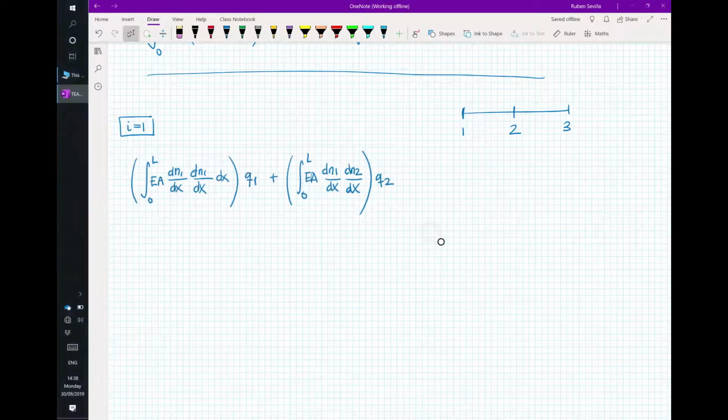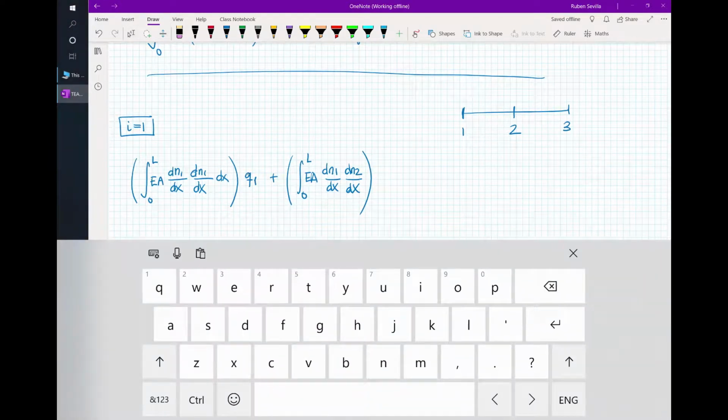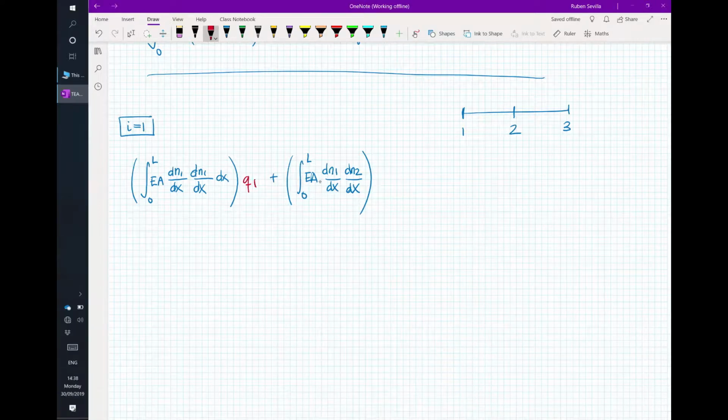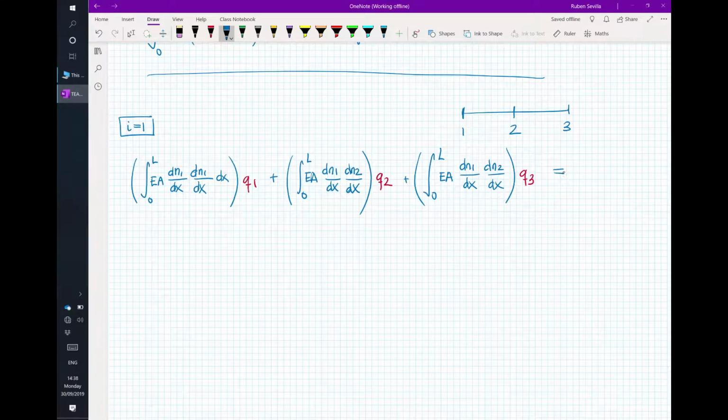And the last one, I want to keep this in red. So this is q1, q2, and the last one is plus the integral of EA, dN1/dx, dN3/dx. I think now everybody starts to see what is going on here. q3 equals, okay, I've done the whole term on the left.